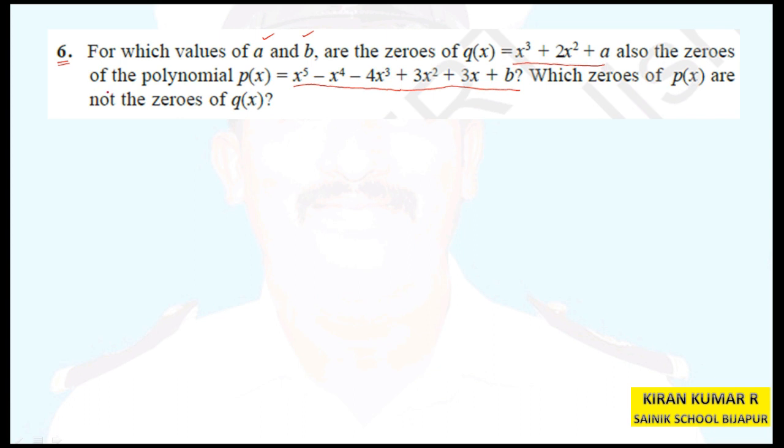Let me divide p of x by q of x. So I will take x cube plus 2x square plus a as a divisor, and I will divide x raised to the power 5 minus x to the power 4 minus 4x cube plus 3x square plus 3x plus b.